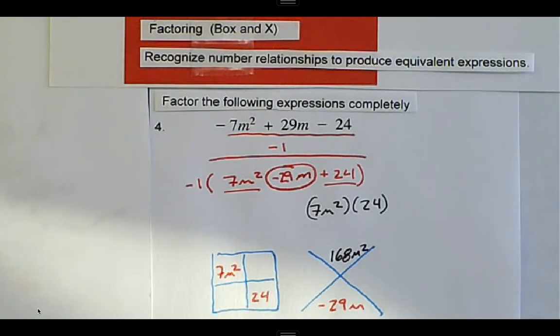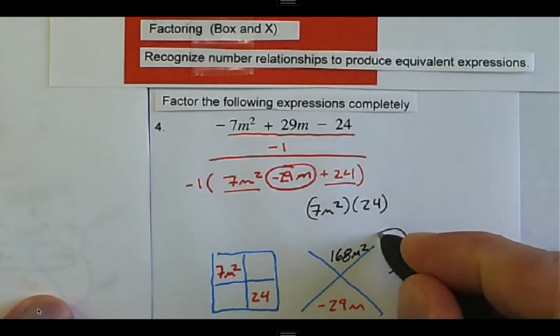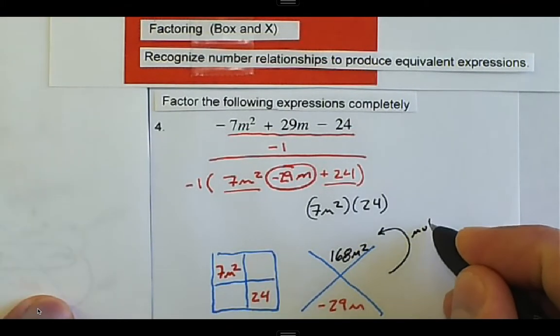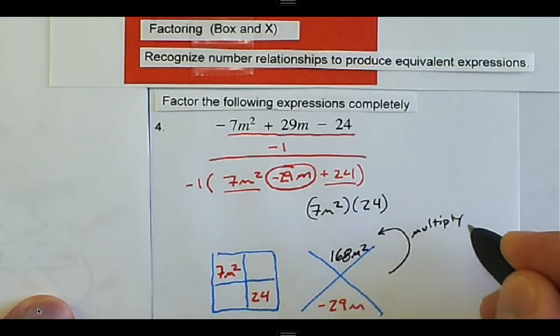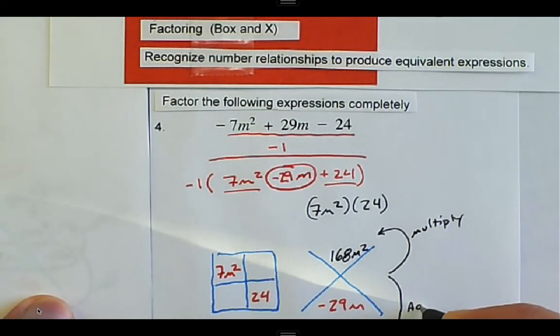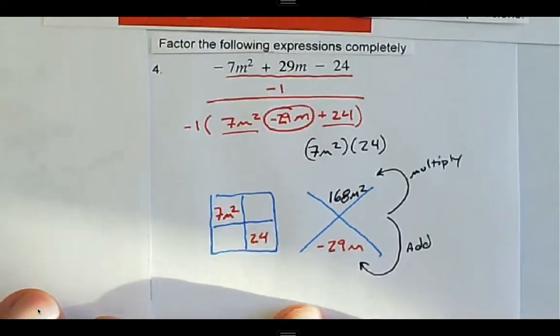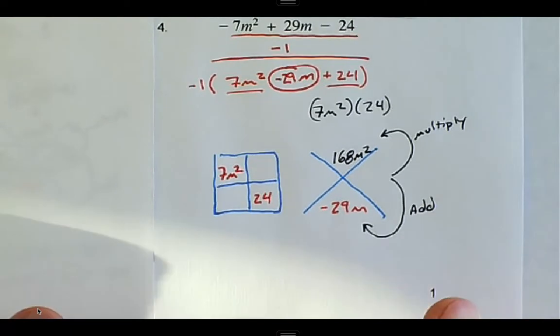Now, the trick is we have to get 2 numbers that are going to multiply to this, and they are going to add to this bottom number there. Well, right off the top of my head, I do not know 2 numbers that will multiply to 168 and add to 29.